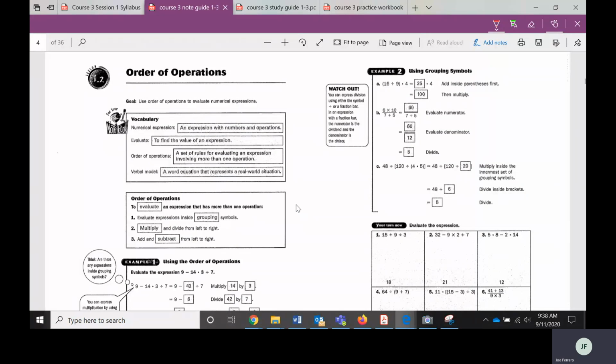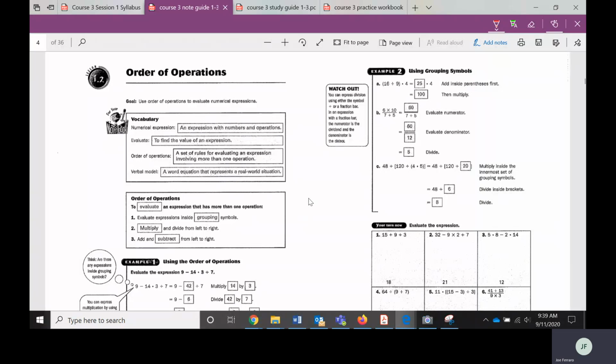So order operations, you've probably heard the acronym PEMDAS before, and we'll get to the full acronym later, but if you remember, that's parentheses, exponents, multiplication, division, addition, subtraction.